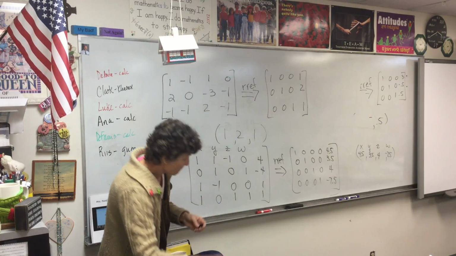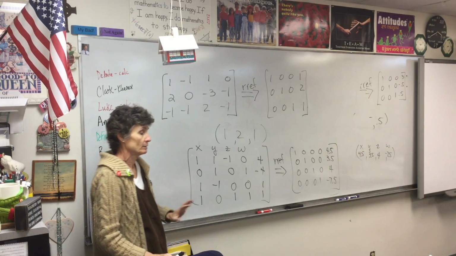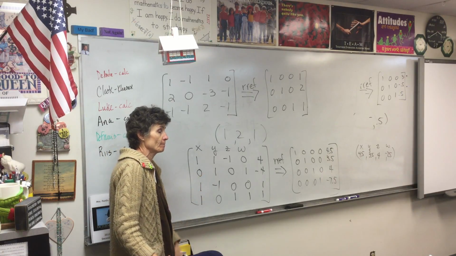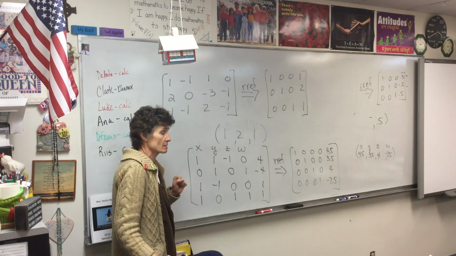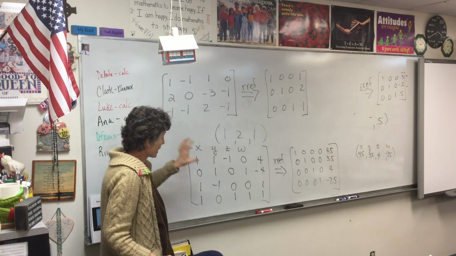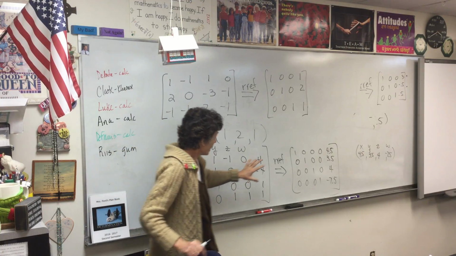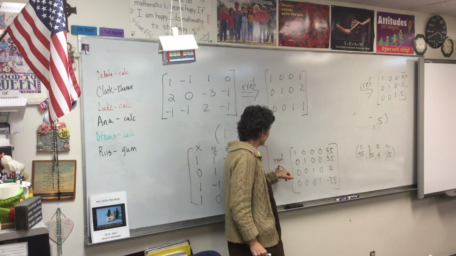So just to make sure that I am being completely clear, and there's no confusion here, kids, notice that I wrote down the matrix I typed in. I wrote down that I pressed this button.